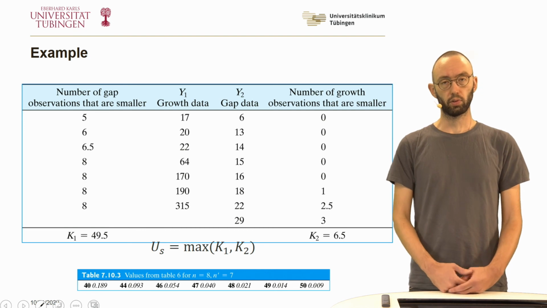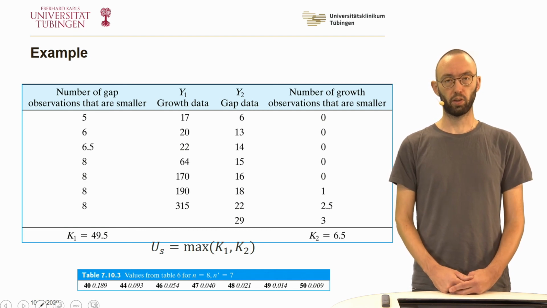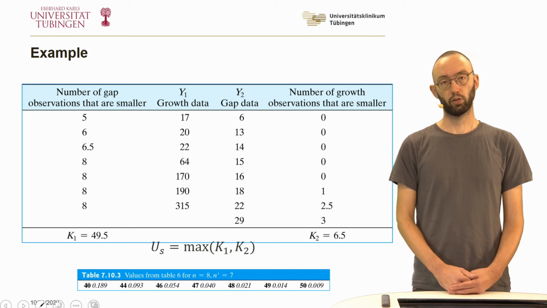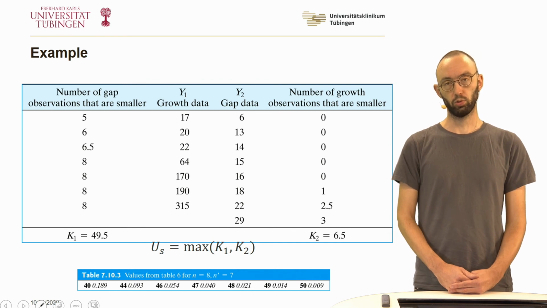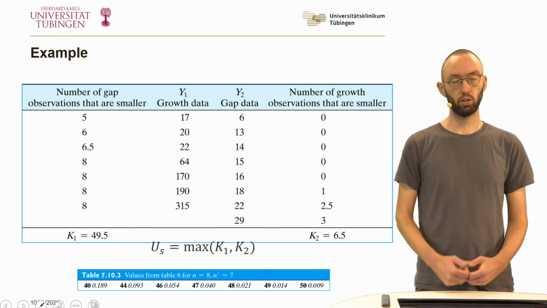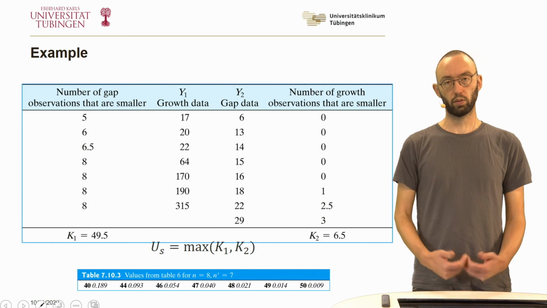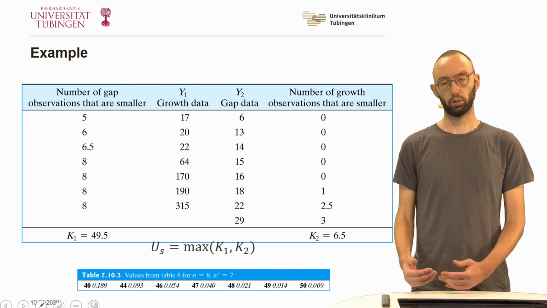So in this case, this is smaller than 0.05. So we would conclude that this data provides sufficient evidence to reject the null hypothesis. So we would conclude that the mean of the growth data is really significantly higher than the mean of the gap data.